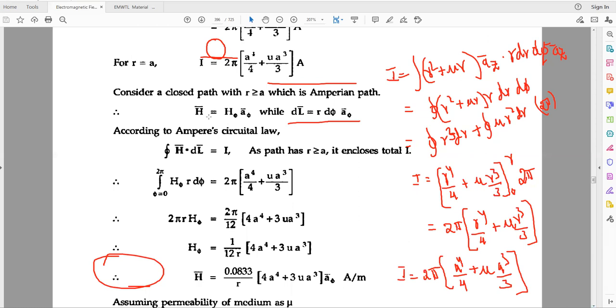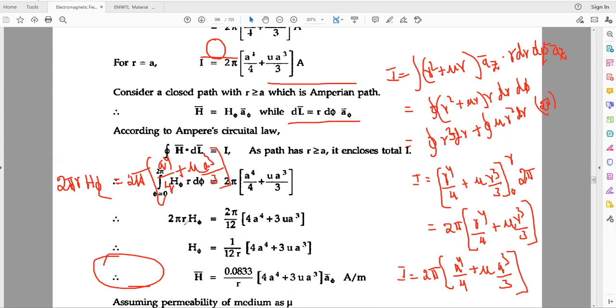Now substitute this value in Ampere's circuit law. I is equal to the integral of H bar dot dl bar. In a similar fashion, H bar dot dl bar gives 2 pi r into H phi, equal to this function: 2 pi into a to the power 4 by 4 plus mu into a cubed by 3.